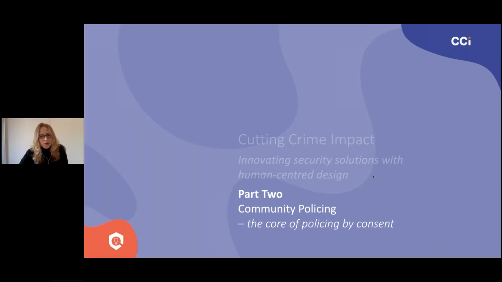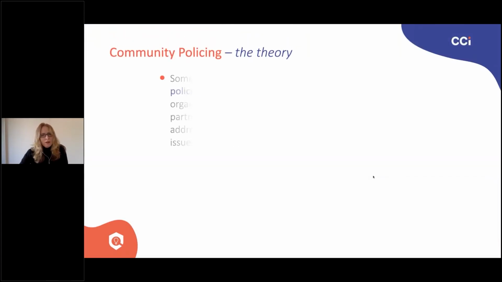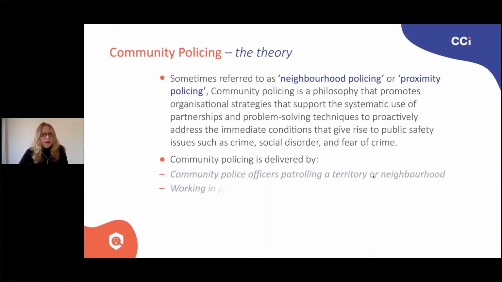So moving on to then part 2, community policing, which is at the core of policing by consent. We'd like to talk a little bit about the theory or the background to community policing. Community policing is a philosophy that promotes organisational strategies that support partnership working and problem solving.